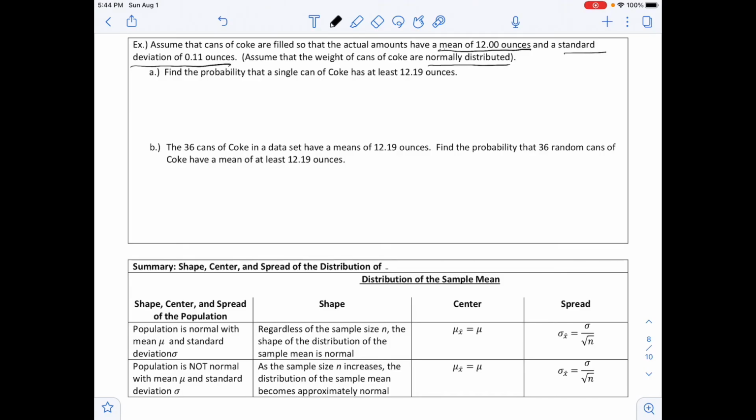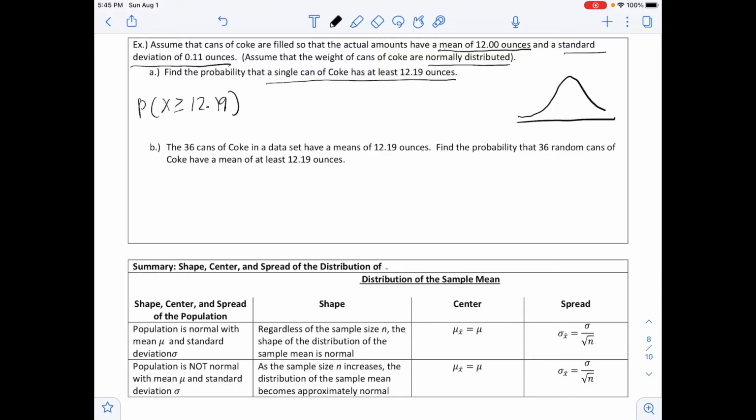Part A says find the probability that a single can of Coke has at least 12.19 ounces. So this is the probability that our single can of Coke, I'm going to call it X, is greater than or equal to 12.19 ounces.